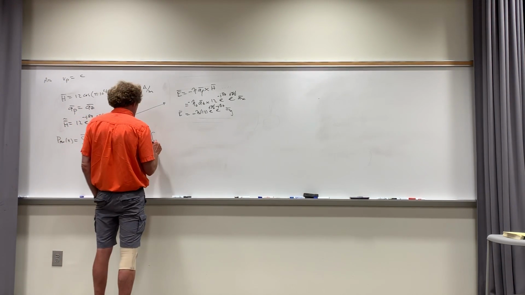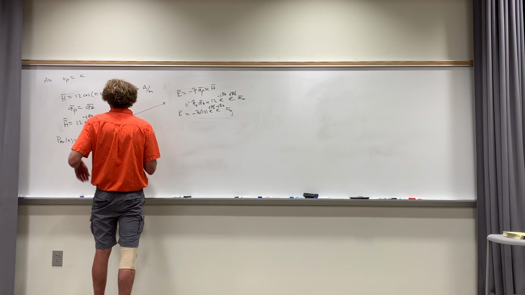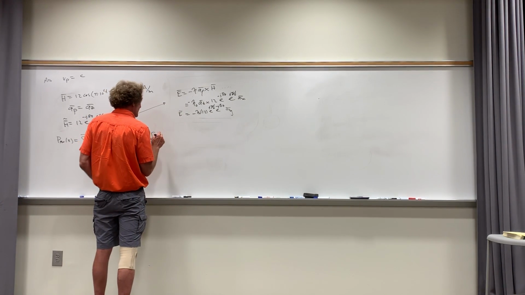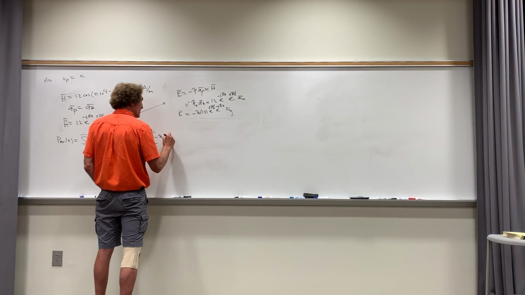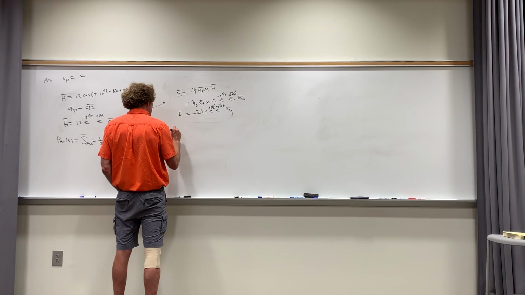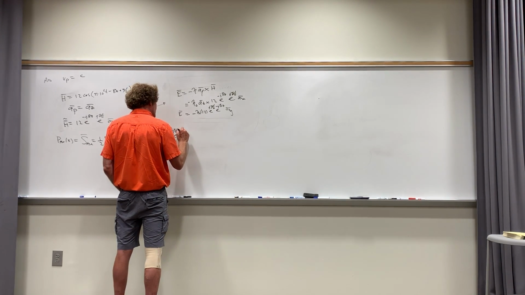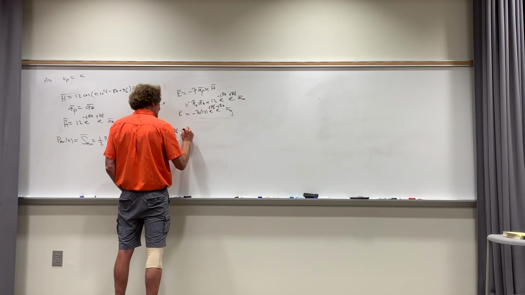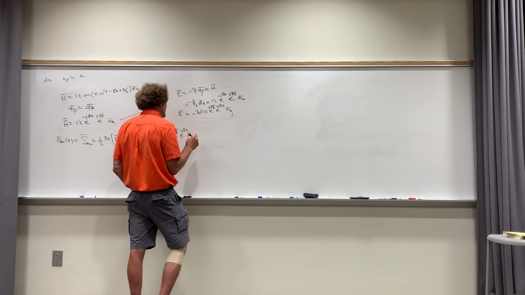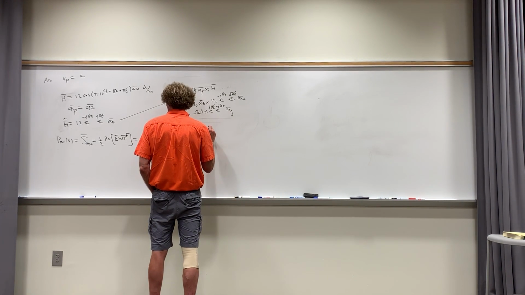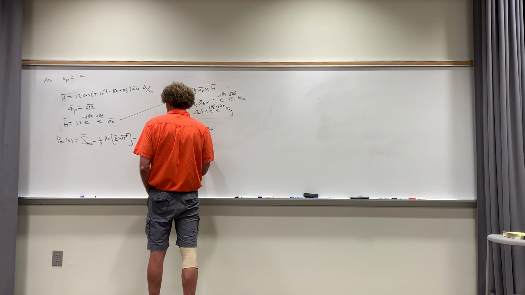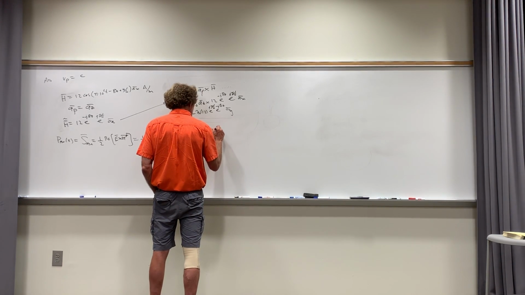So this is going to be 1/2 the real part of eta naught times 12 times e to the j pi over 6 times e to the minus j beta z, a_y, crossed into the H field, which is 12 times e to the minus j beta z, but it's conjugated, so it becomes plus j beta z, and then times e to the minus j pi over 6.